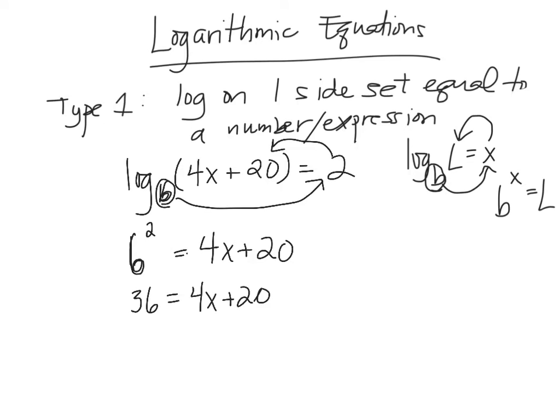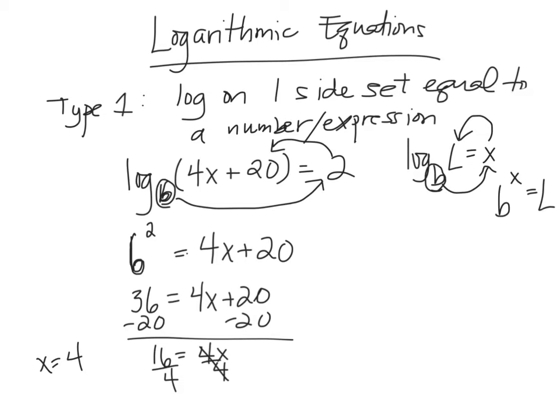Now this just becomes a linear equation. So you want to get all the numbers on one side, all the variables on the other, and then solve for x using inverse operations. We get x equals 4. So log base 6 of 4, I'm just checking my work here.